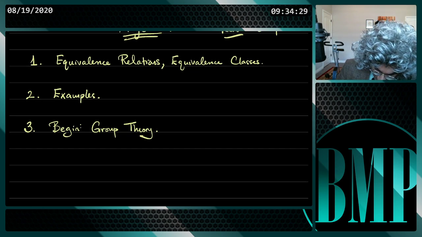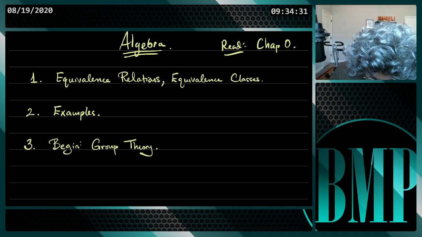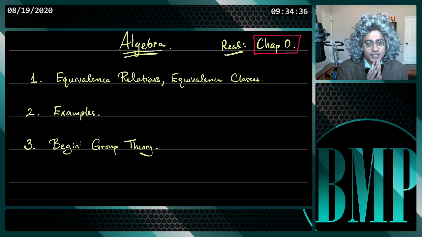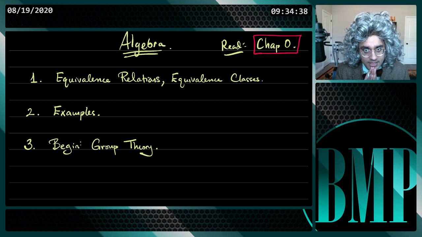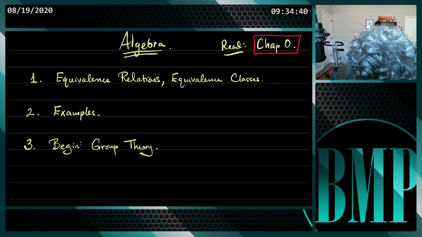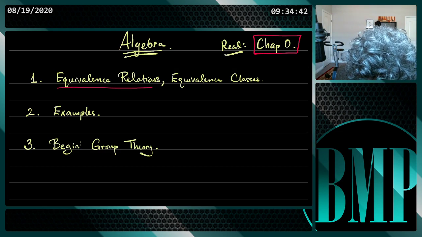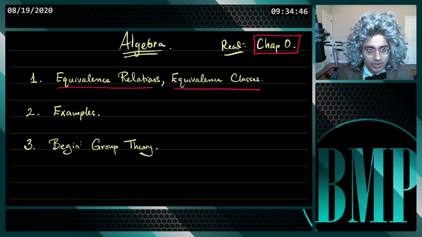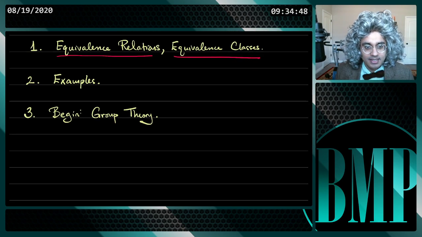Okay. So possibly the one idea in chapter 0 that might be new to folks is the idea of equivalence relations and equivalence classes. Okay, so that's what I'm going to talk about today.